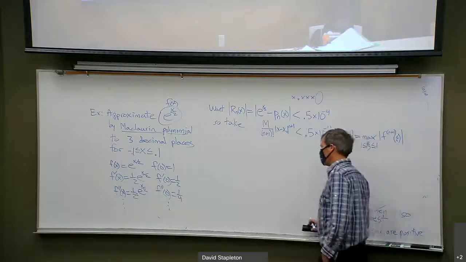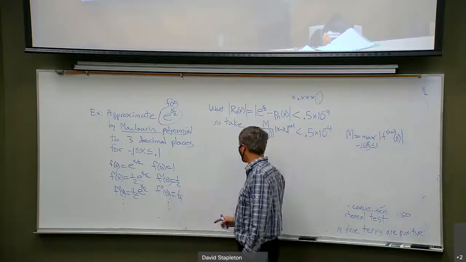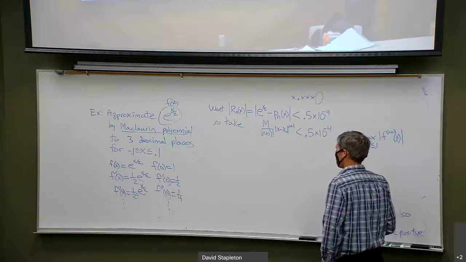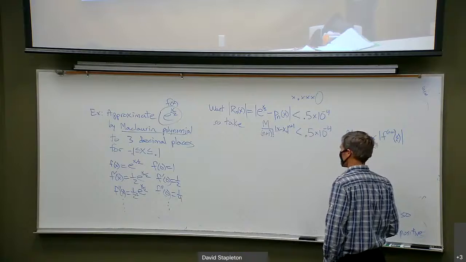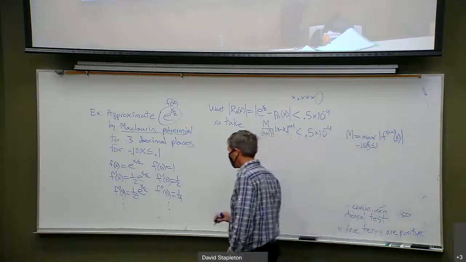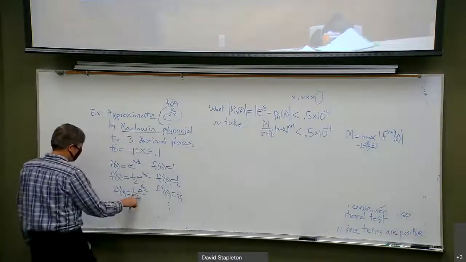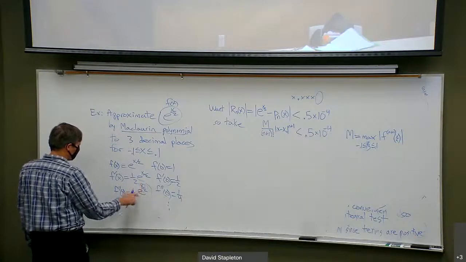But what's the maximum? What is the nth derivative of c? This is an increasing function. You get the largest value by putting in the right endpoint, 0.1.